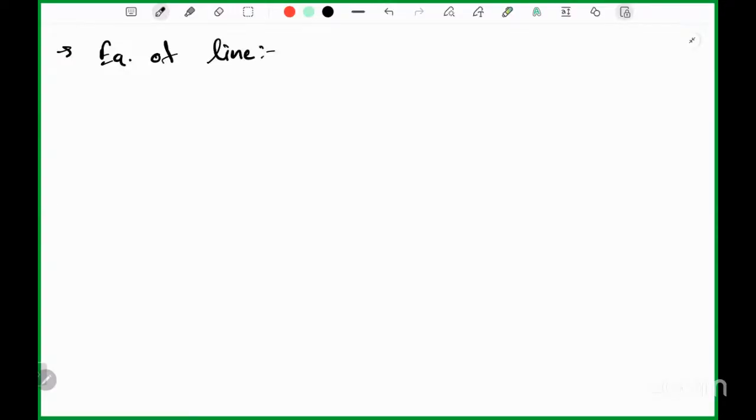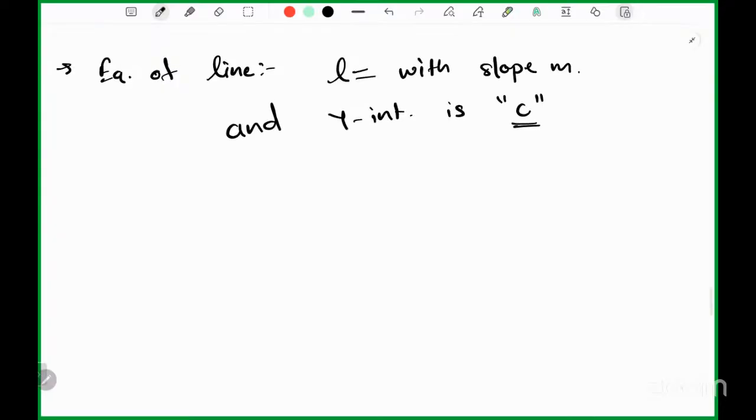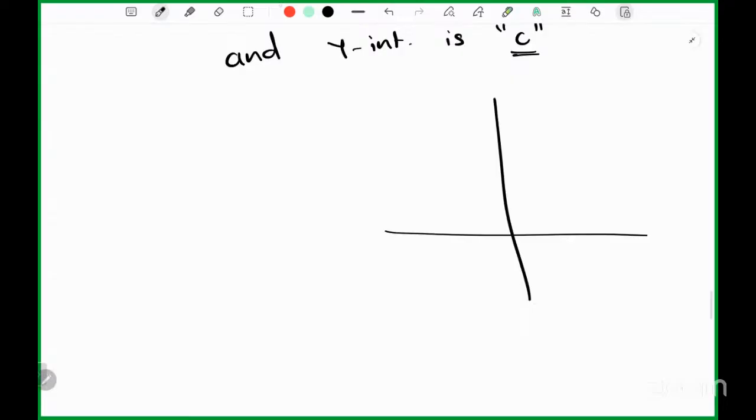Suppose you have a line L with slope m and the y-intercept is c. What is this y-intercept? Y-intercept means the value of y where the line and y-axis intersect. So suppose this is our line, then here this value is c, y is equal to c.